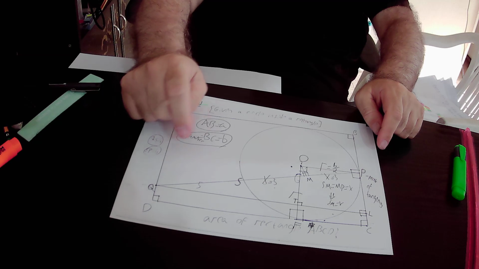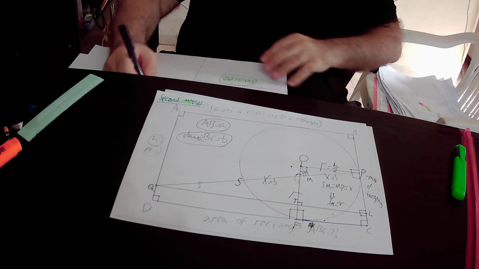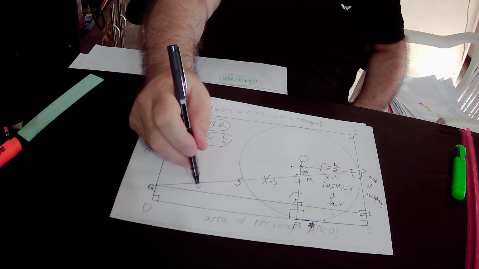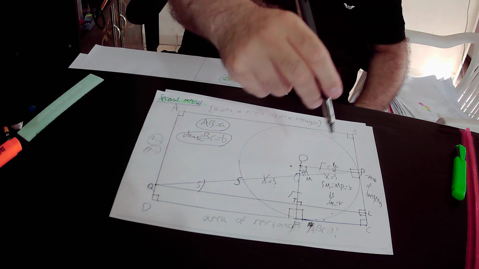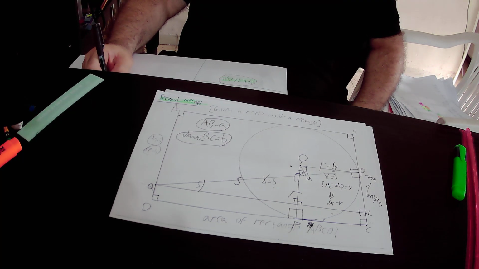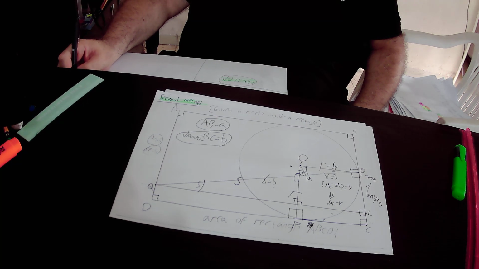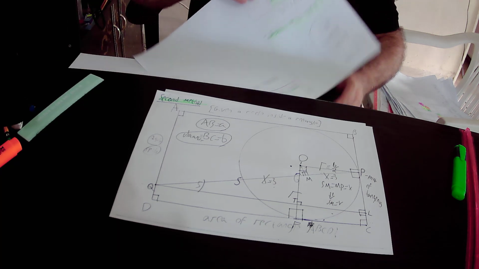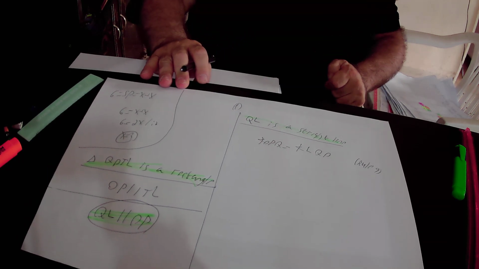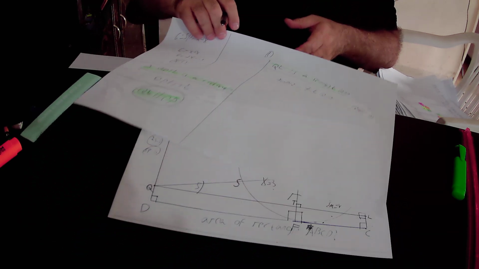So I write it down. Angle OPQ is equal to this angle, that is actually angle LQP. Angle OPQ equals angle LQP. Why? Because those two alternating angles are located between parallel lines, therefore they are equal to each other.